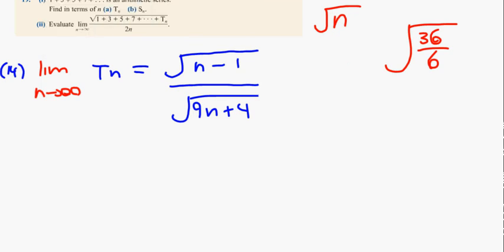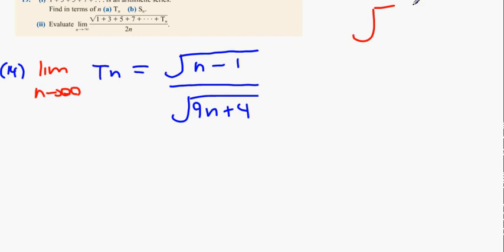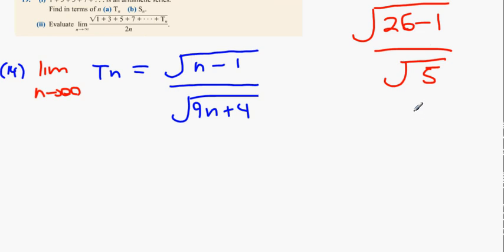Imagine root 26 minus 1, and I had to divide that by root 5. What you're technically allowed to do is join the two root signs into one.